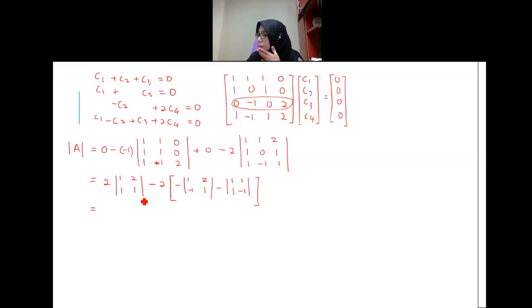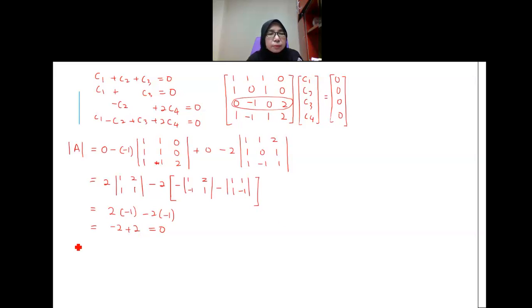So again, the result here is, okay, I should get here 2, negative 1, minus 2, negative 1. Yeah. This also 0. Right, equals to 0. Okay, so determinant of coefficient matrix is 0.